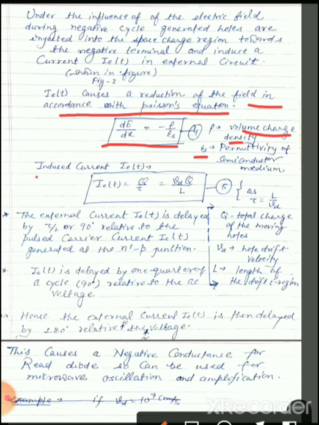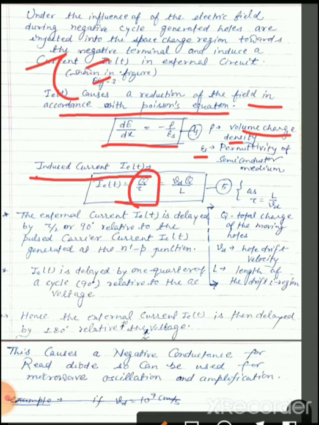The induced current I_ET is given by I_ET = Q/tau, where capital Q represents the total charge carried by the moving holes, and tau is the transit time.